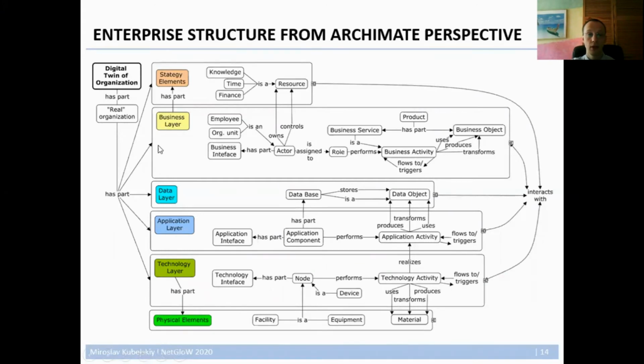If we are talking about enterprise goals or enterprise resources, it is a part of strategy elements, which is also a part of the business layer. If we are talking about enterprise facilities and equipment, it can be considered as physical elements, which are also a part of the technology layer.